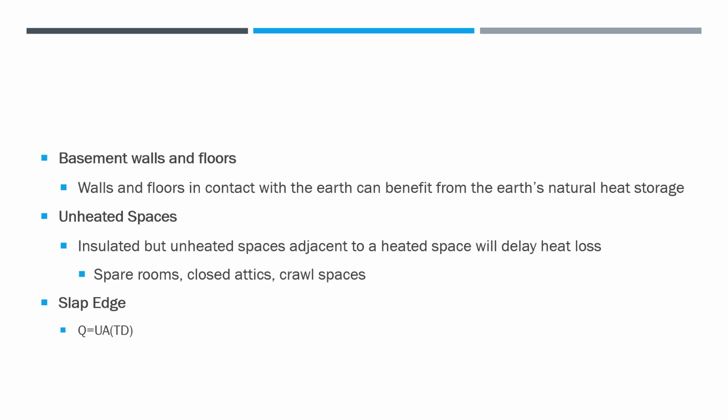Basement walls and floors. You're talking about utilizing your geographical location for your gain. The earth is a great natural heat storage. It has great natural insulation. Anything in contact with it is going to reap the benefits of heat insulation from that too.